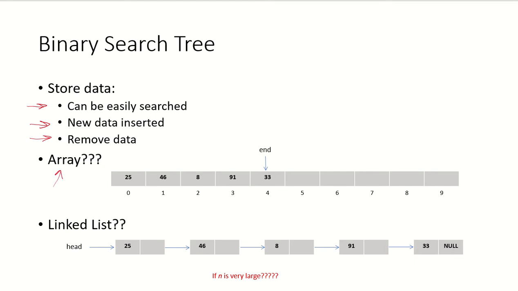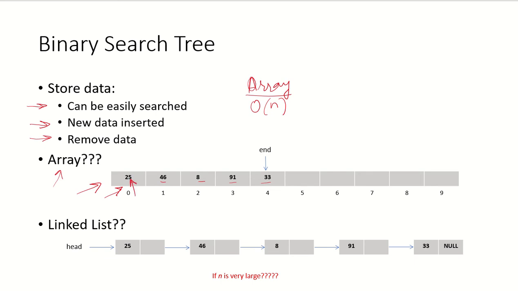One is an array. Suppose this is an array, and if we want to perform a search operation, we start from this first index. We will have to look and compare our data with all the elements in the array in the worst case. And so the worst case complexity of a search operation would be order of n.